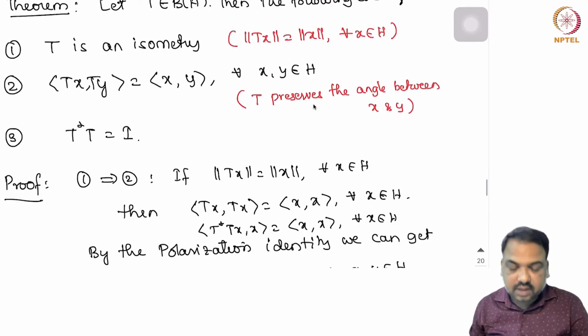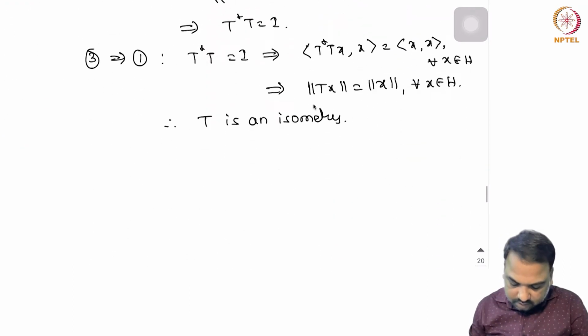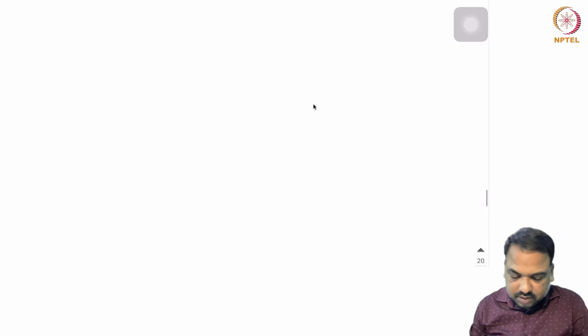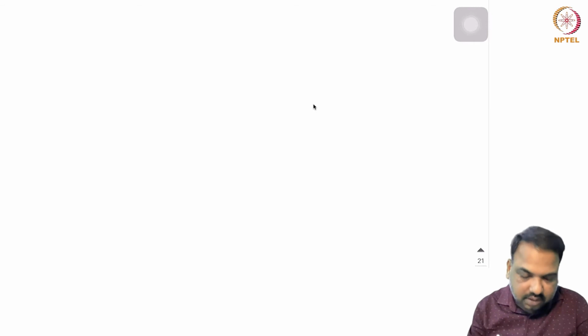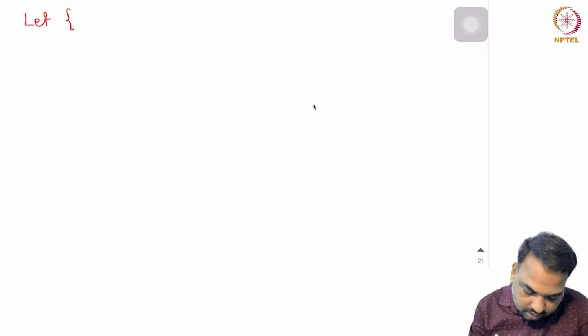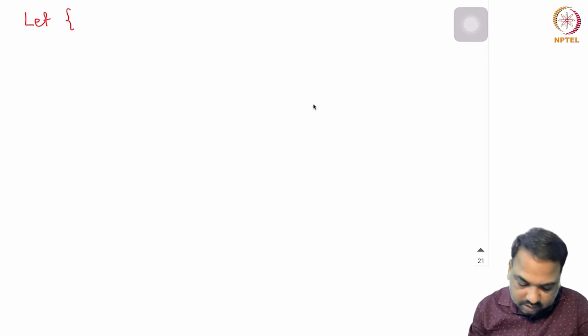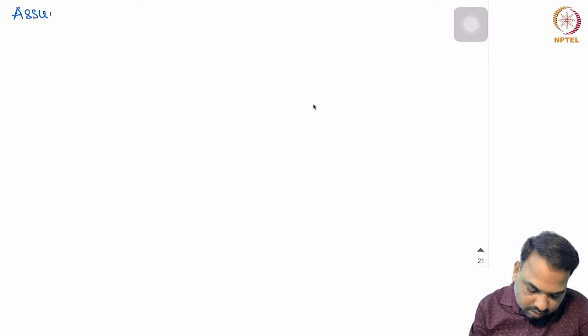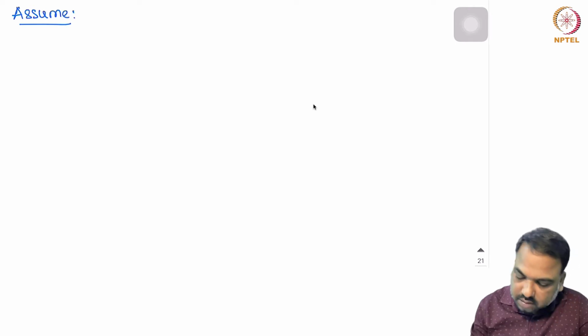Okay, so these are equivalent conditions for a bounded linear operator to be an isometry. Let us look at some more important observations. Now let us start with an orthonormal set in H. For the time being, let us assume that H is separable.